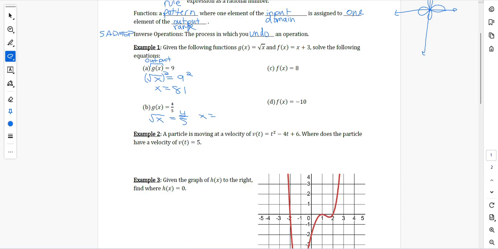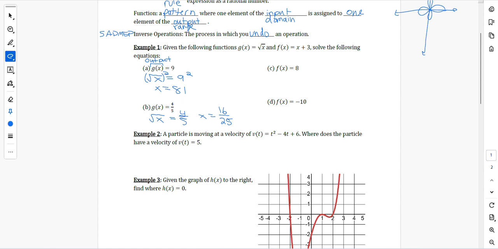If we square each side. What's 4 squared? And 5? So we can undo square roots with squaring. We can undo squares with square rooting, okay? So square roots and squares go together.